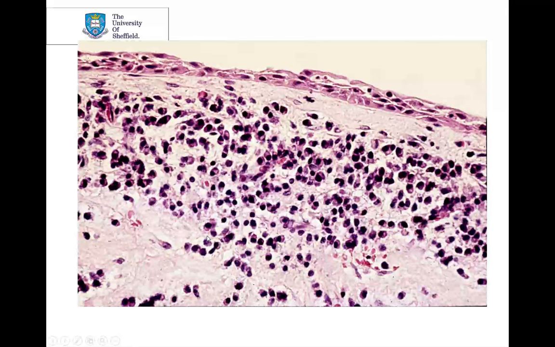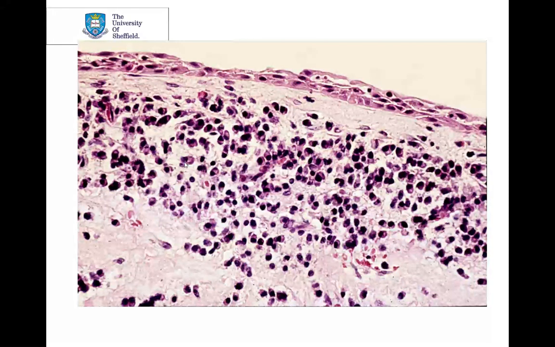When you have a look in greater detail at the lining, which is here, and the wall, you can see the extent of inflammation, and in many cases it is dominated by chronic inflammatory cells because it is a chronic inflammatory process, and so mostly lymphocytes and plasma cells.